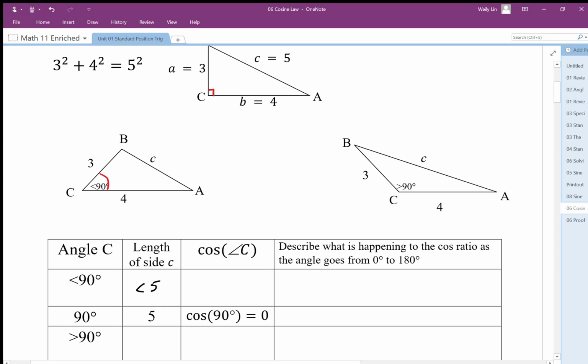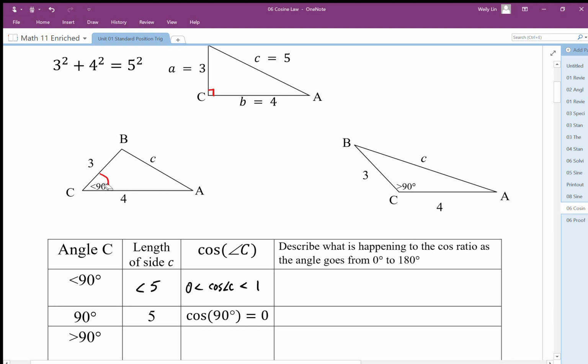And the cosine of an angle less than 90 degrees is going to be between 0 and 1. It's between positive 0 and 1. Remember, think of standard position. Imagine the circle here.